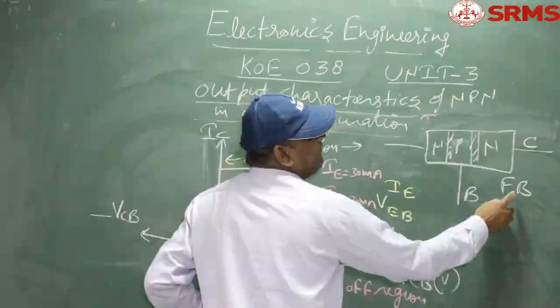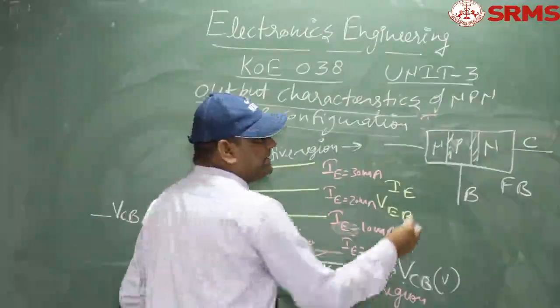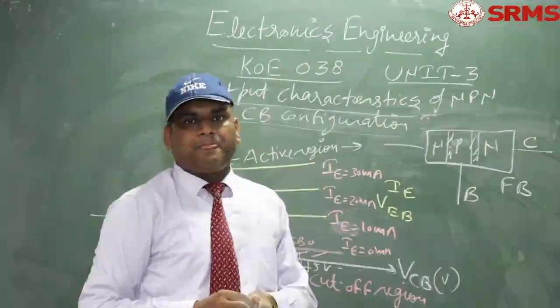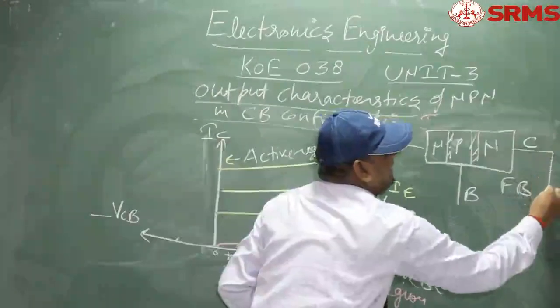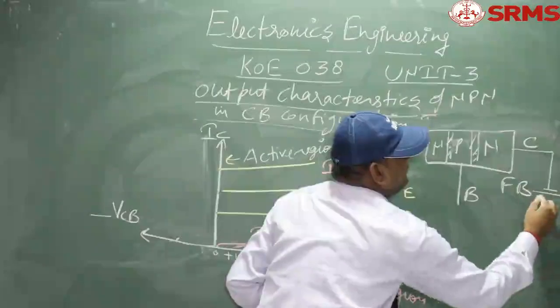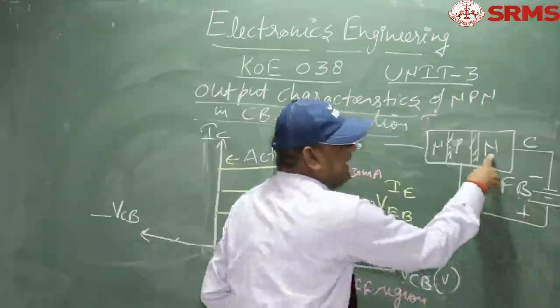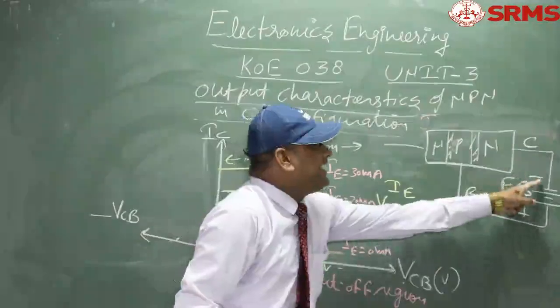If you apply a forward bias voltage, the depletion width is going to decrease. Look here, N is negative. If the collector base junction is forward biased, that means N is negative.